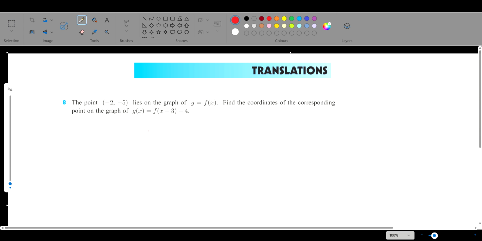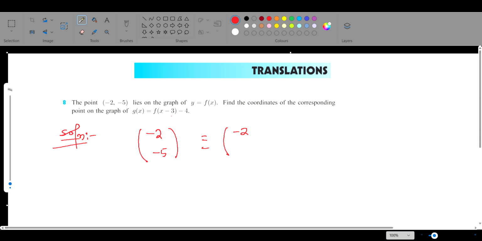Now let's understand. This is how you are going to solve it. Whenever you have to show the horizontal translation, always write the coordinate with its reverse sign.